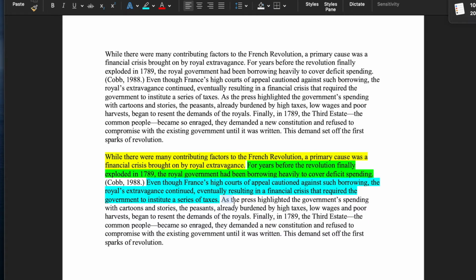In this fourth sentence, the writer is discussing an additional contributing cause and suggests that the effect of this was peasant resentment.